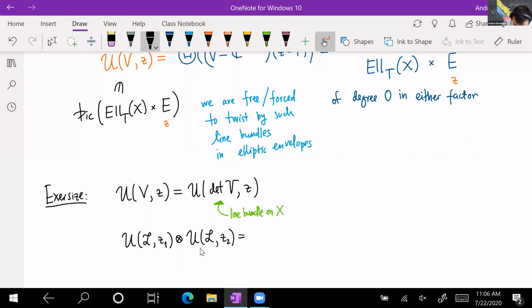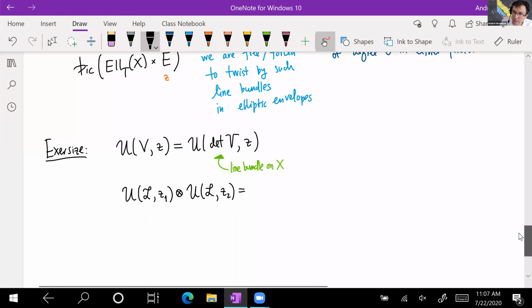So this is analogous to saying, by definition, that's the same as U of L, and then I add them up.